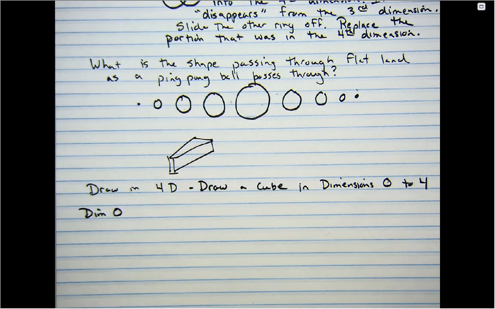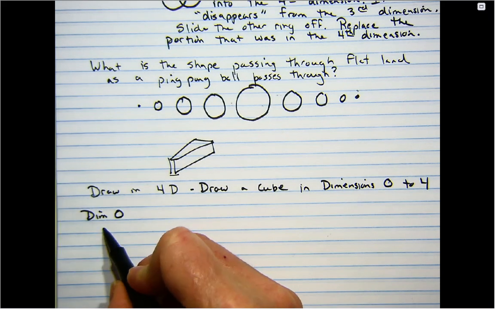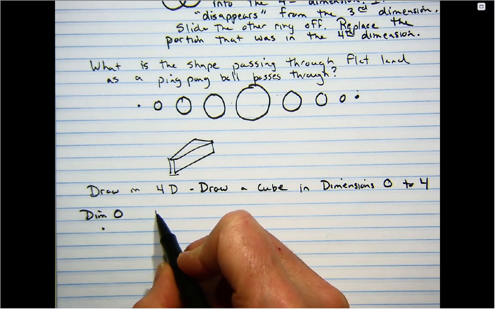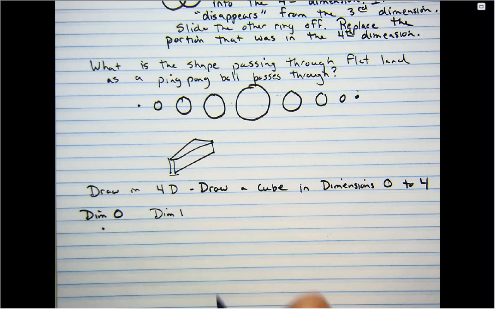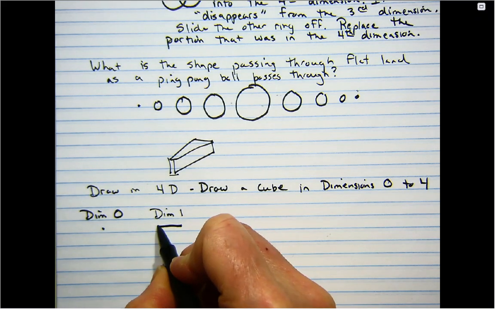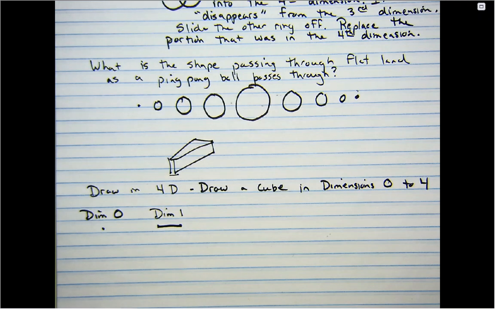Remember, what does a cube degenerate to in the 0 dimensions? Yeah, just a point. So there's no degrees of freedom of movement. The first dimension, what does a cube degenerate to there? Good, a line. So we're thinking ink and drag, because that's how we draw as we move up in dimensions.